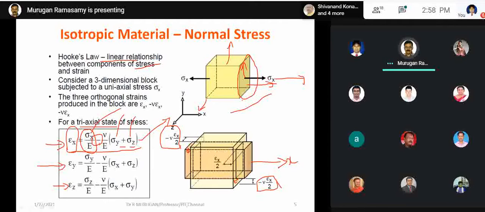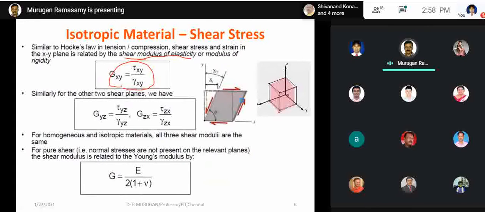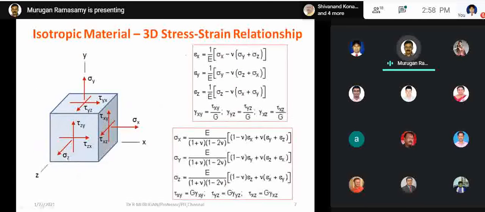So now, based on that, when you write this equation, this is for normal strain and this is for shear strain, and when you rearrange this equation, finally we'll get the sigma x expression, sigma y expression, and sigma z expression for normal stress, and these are the expressions for the shear stress.